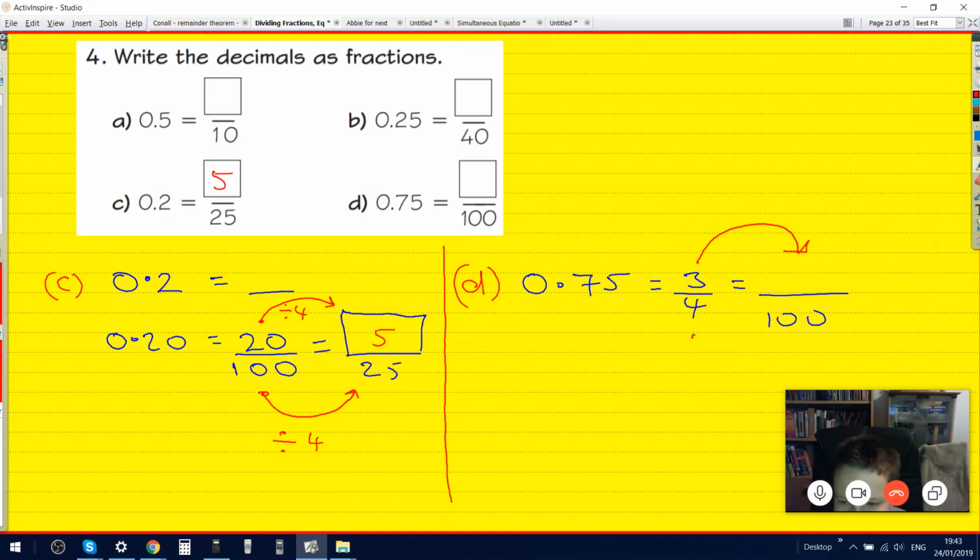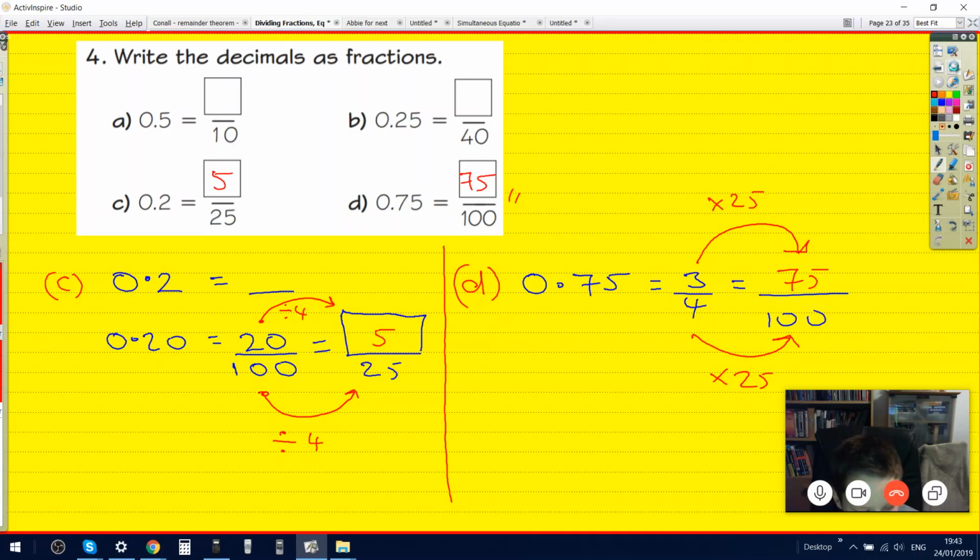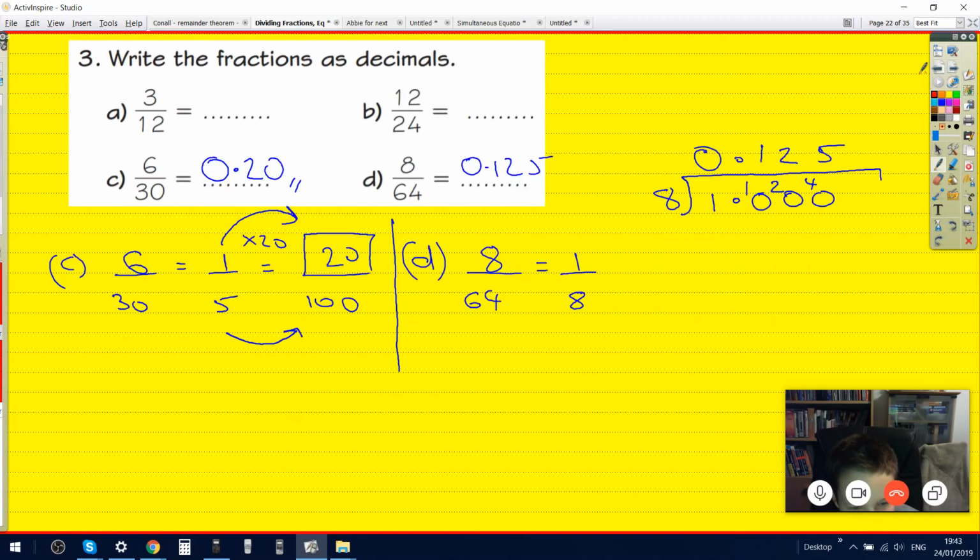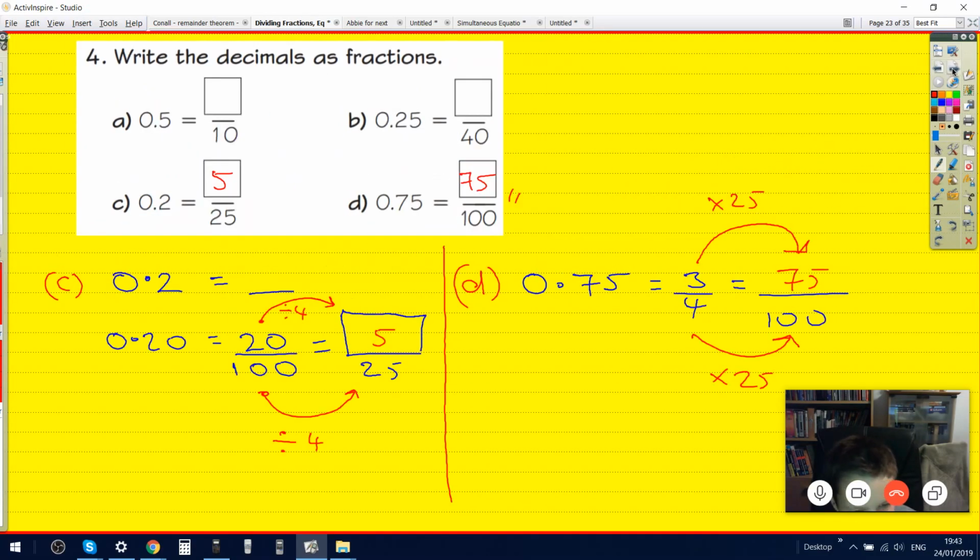And so 3 times 25 is 75. So 75 over 100. Well done. And you can see 2 numbers after the decimal, and so it's 2 zeros on the bottom. So that'd be a quick way to do it. Any questions about that? No, I don't think so.